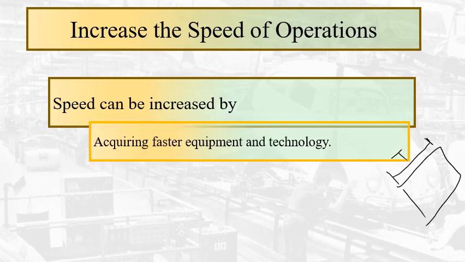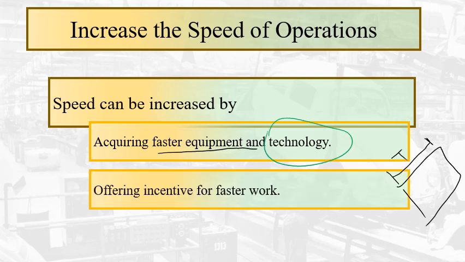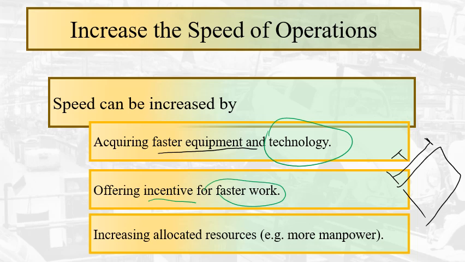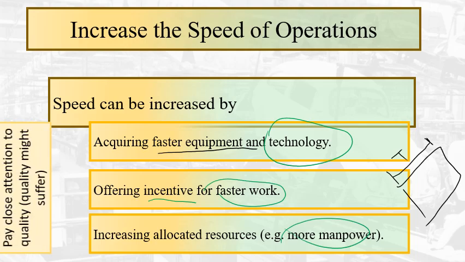So how could we do it? We get better equipment, better technology, or we give incentive for faster work. More manpower, or overtime could be also very popular for increasing the speed of operations.